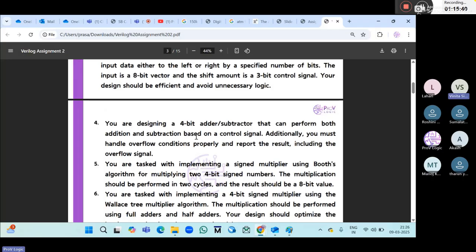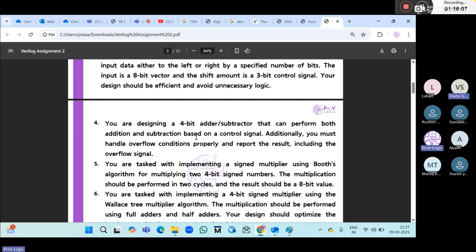Addition I have done, but for subtraction I got confused. For subtraction, if you don't get an overflow, just avoid that. Mostly for addition only we get overflow. For subtraction, we don't get overflow; we get underflow.